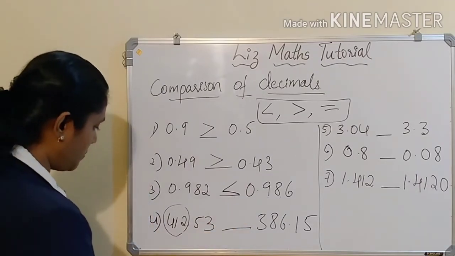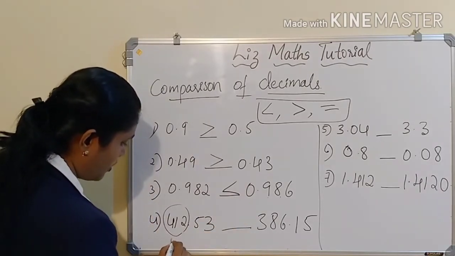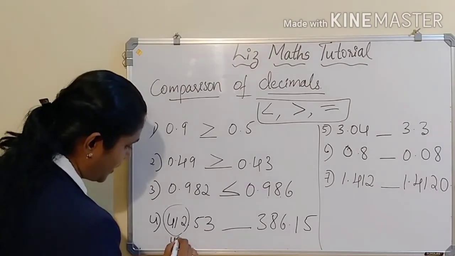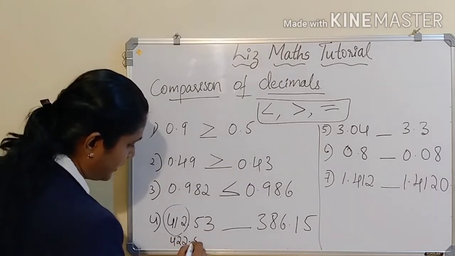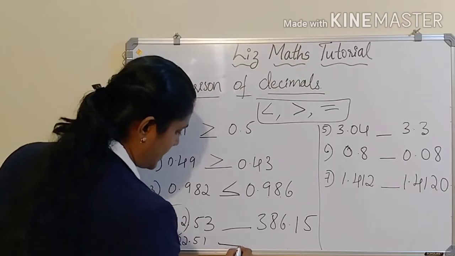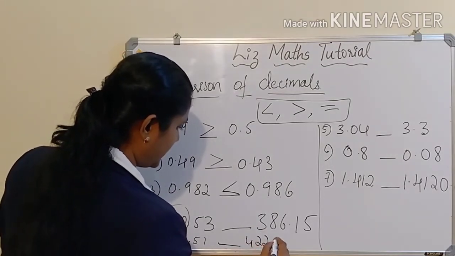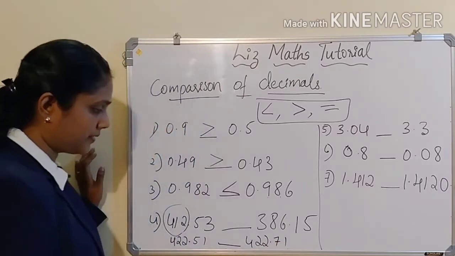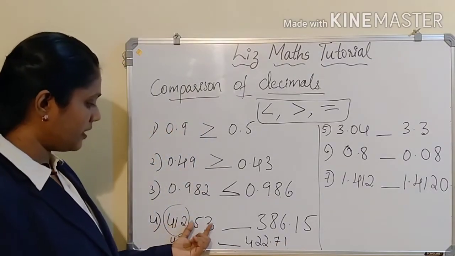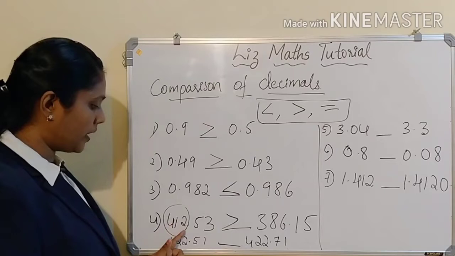Got it? Let me do one example here. See here 422.51 and here 422.71. See here in this case, previously which one was greater? 412 was greater.